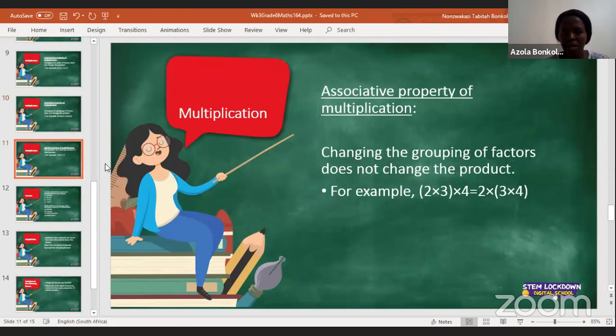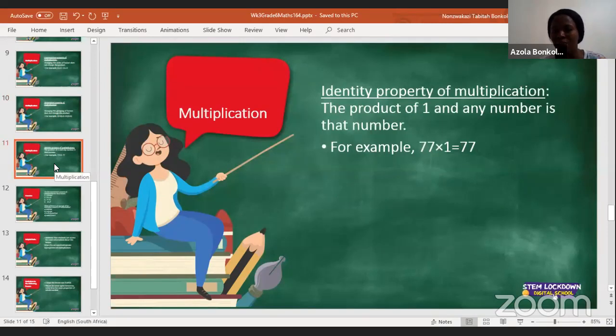Okay, now the last one, identity property of multiplication. We are saying here, unlike in addition, where we said any number that is added to 0 will remain that number, here our identity property is 1. When we're saying 77 multiplied by 1, it must be the same answer or same number, which is 77.